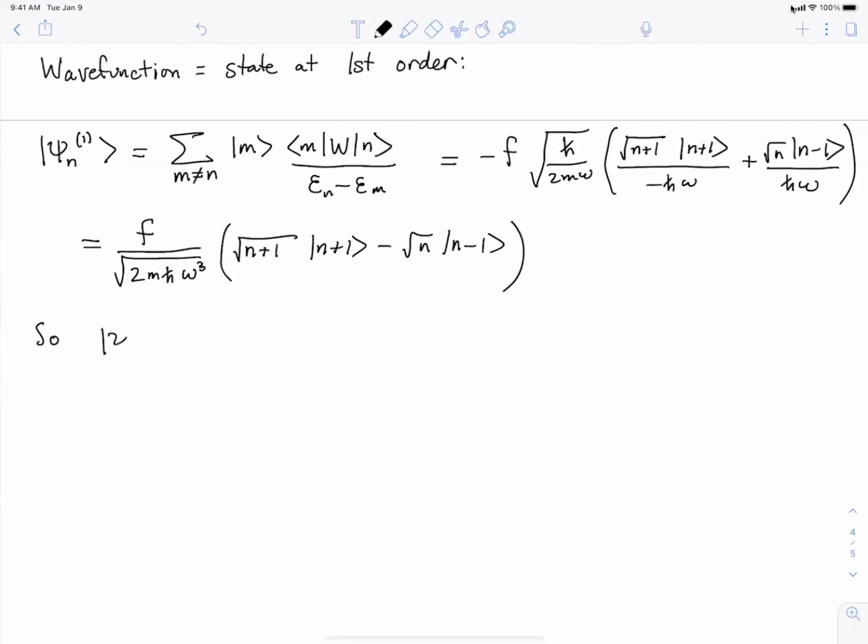If you want, we can write it out like this. Okay, so the state has a correction that's first order in the force, whereas the energy was second order in the force.